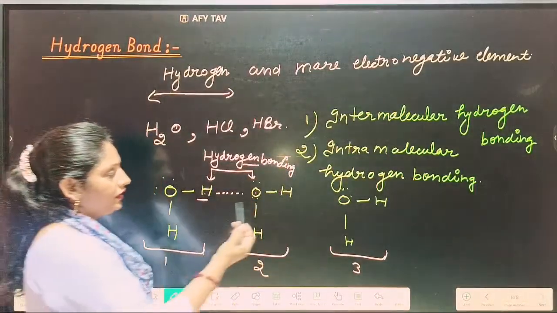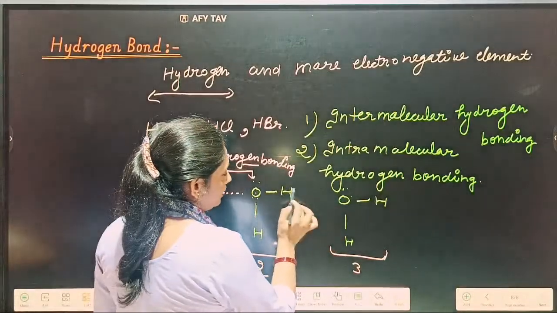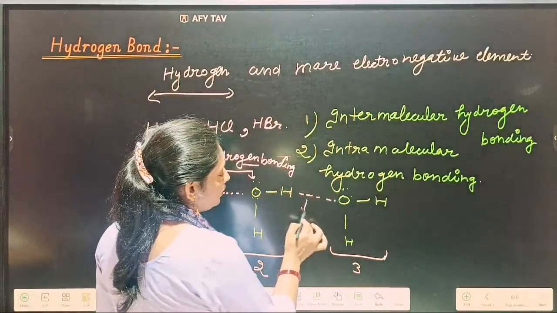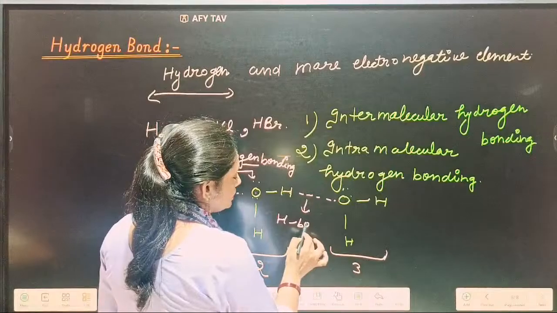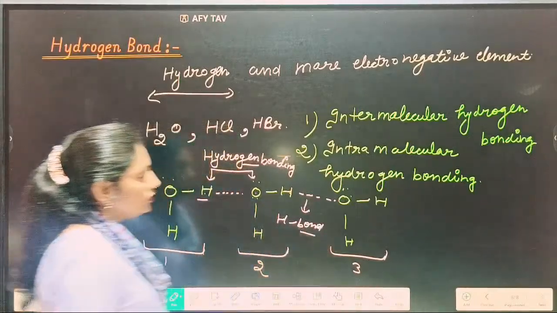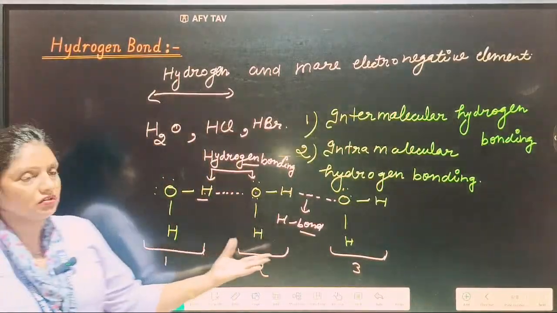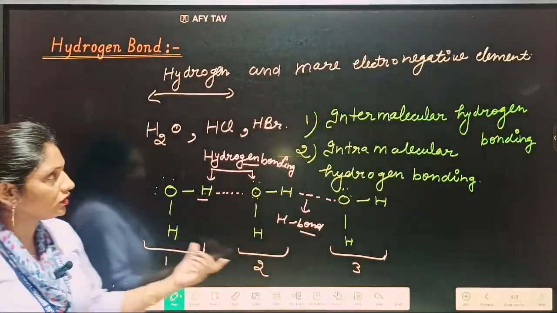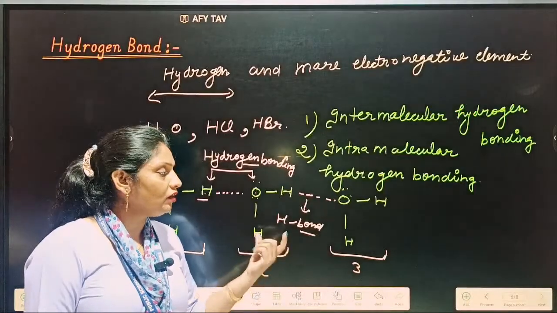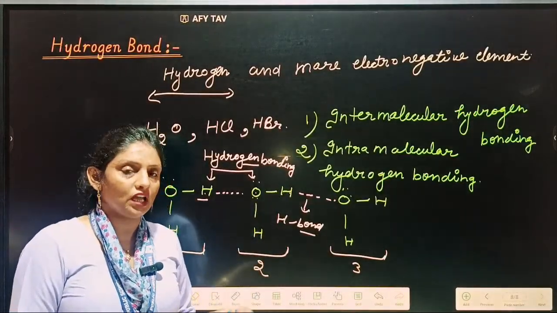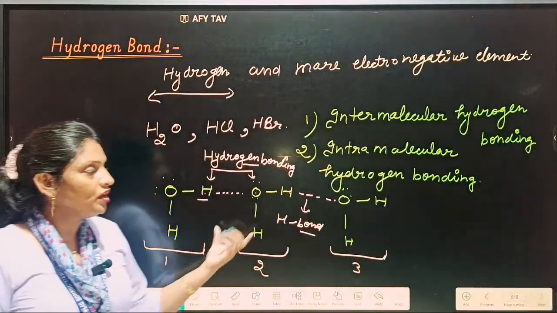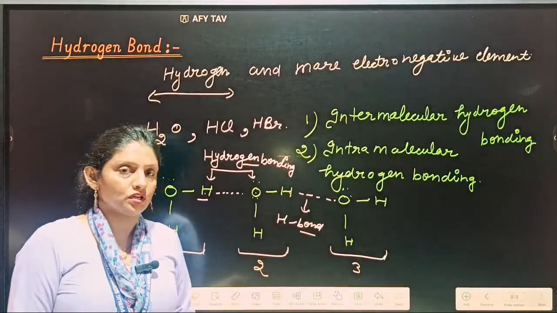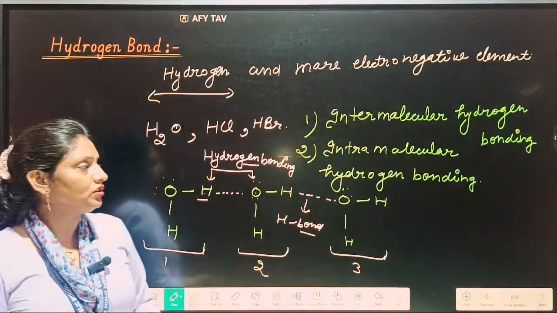This oxygen and this hydrogen can also form a hydrogen bond. Here you can see different molecules forming hydrogen bonding between them, so that type of hydrogen bonding is known as intermolecular hydrogen bonding. I hope this point is clear to you.